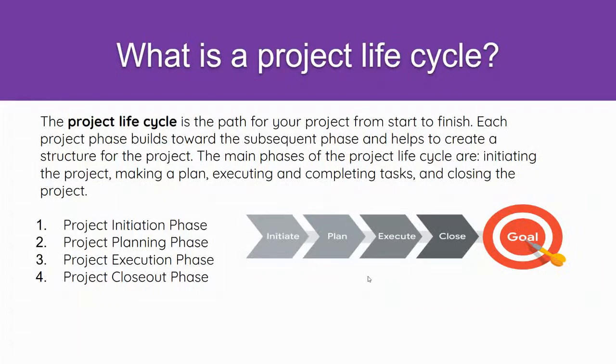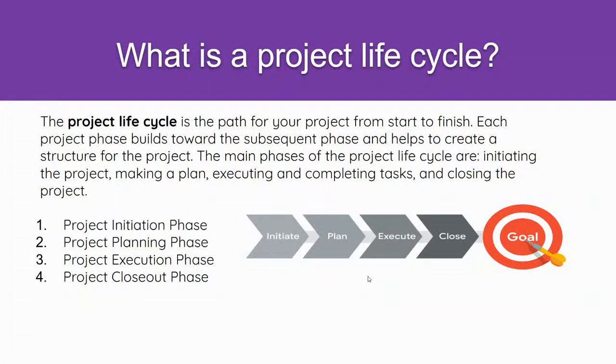And so this is very structural and it helps you know the steps you must take to achieve your project goal. The main phases of the project life cycle are initiating the project, making the project plan, executing and completing all project tasks, and closing the project. So we have four unique project management phases: project initiation phase, project planning phase, project execution phase, and project closeout phase.